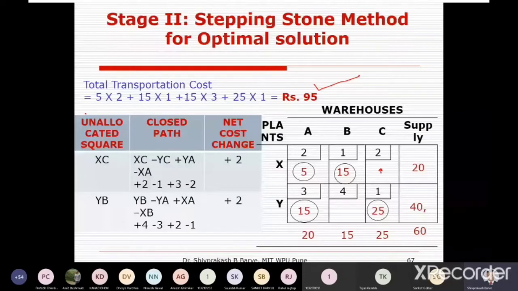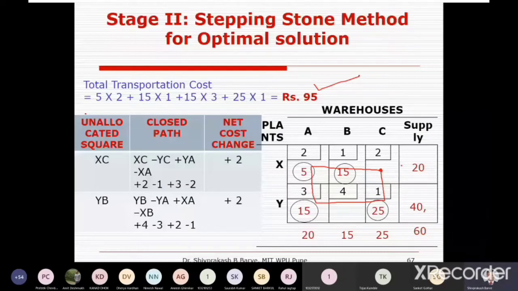I have to use horizontal and vertical lines and only change the direction from allocated cells. Means I started from this XC, use that vertical line, change direction from allocated cell, draw vertical horizontal line. So change direction because there is no scope beyond this. So change direction from this allocated cell, go up in vertical direction, change direction and come to its original position.